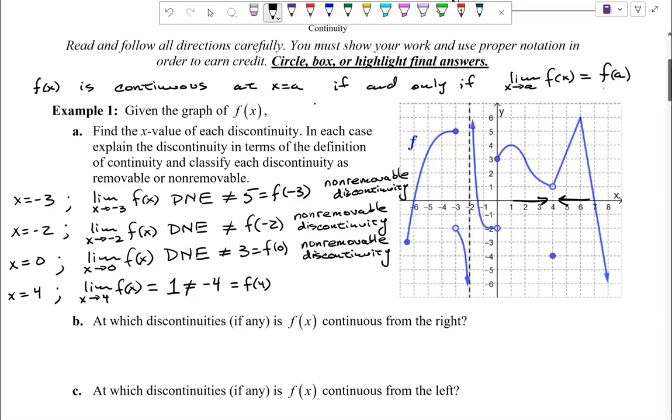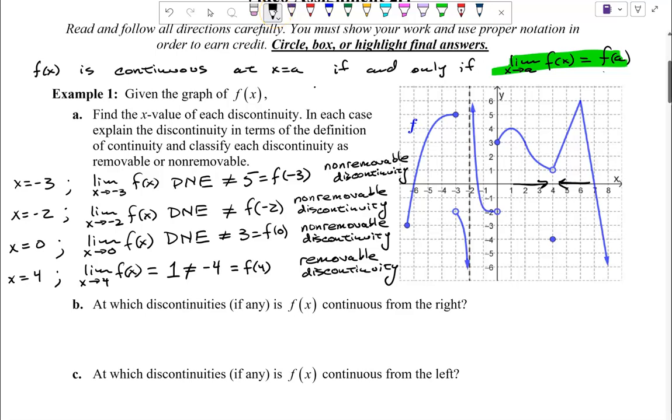And this ends up giving us a removable discontinuity. Now, in each of these 4 cases, we kept going back to the definition of continuity. And in each case, we saw that the limit as x approaches our value a of f of x was not equal to f of a.